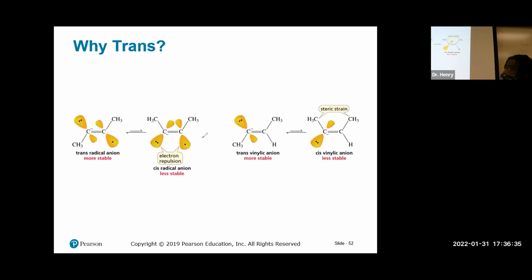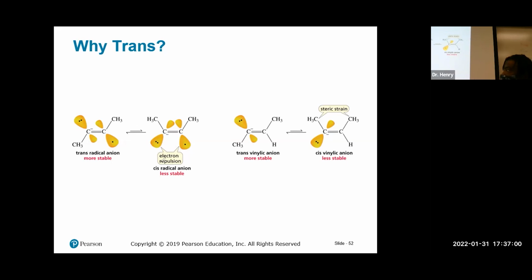Okay. So if the radicals are both on the same side, then it's going to cause problems, right? With the trans radical, you have a radical on one side and then the other radical on the other side, opposite from each other, which is more stable, compared to when they're on the same side, where they're going to bump into each other.